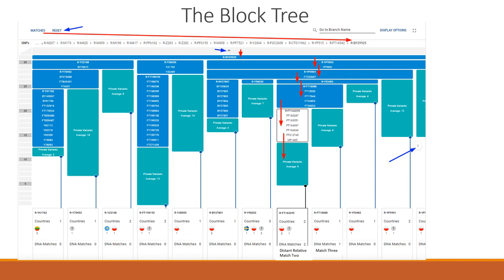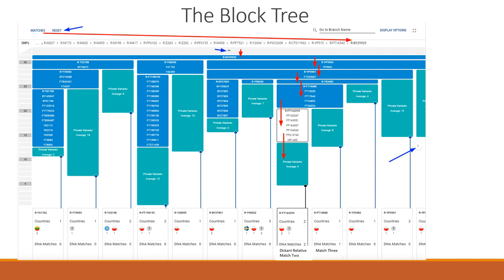Likewise, within each individual block, like we'll look at the block with my terminal SNP there, we don't actually know which of those SNPs occurred first or last or in what order they occurred in, because anybody who has any of those SNPs within a given block has all of them.